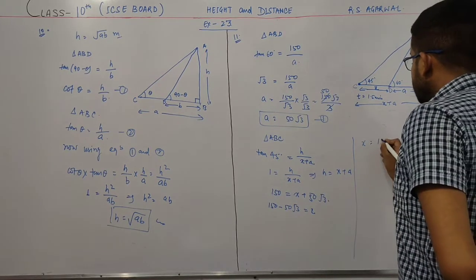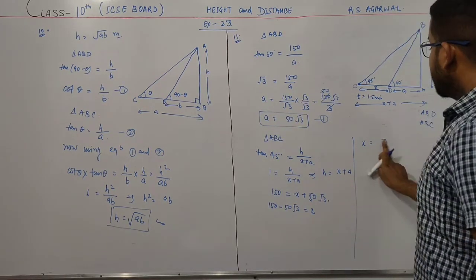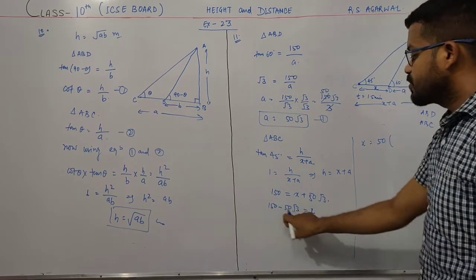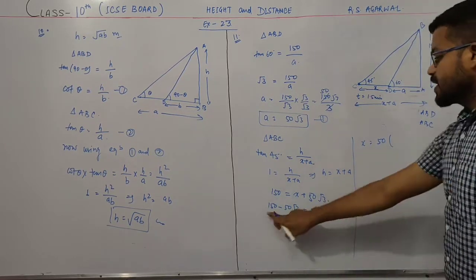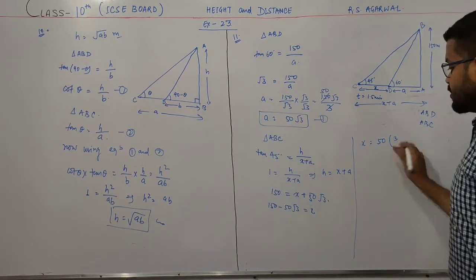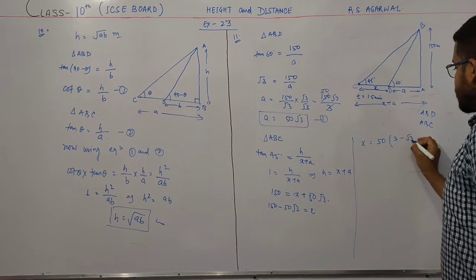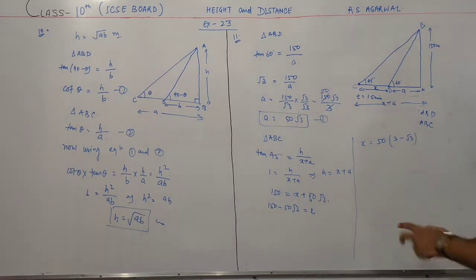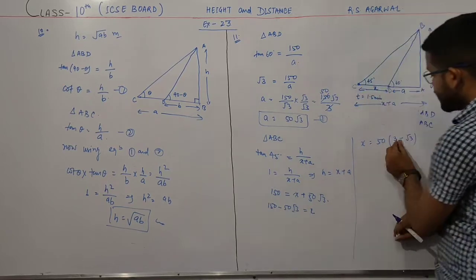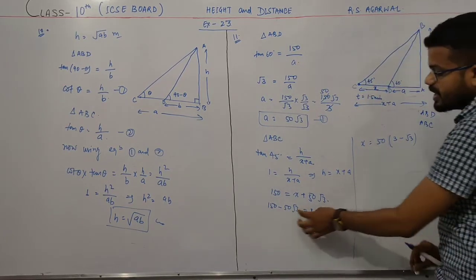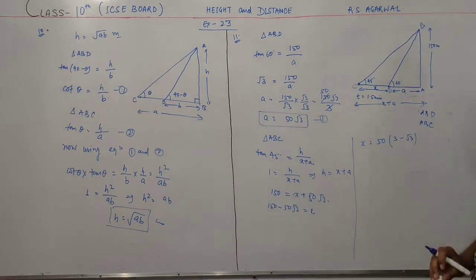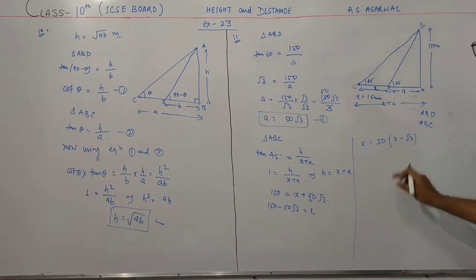If I take 50 common from both terms, here 50 into 3 is 150, so this is 3 minus root 3. After taking common in the first part, the remaining is 3 because 50 into 3 is 150, and in the second part if I take 50, the remaining is root 3. So this is 3 minus root 3.